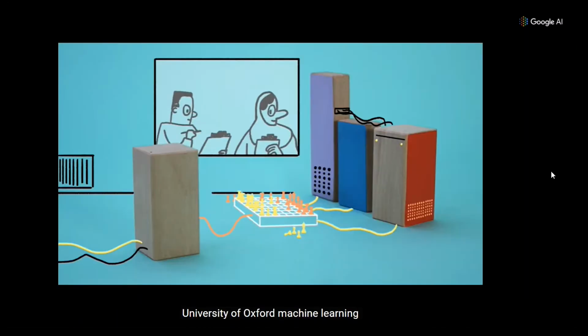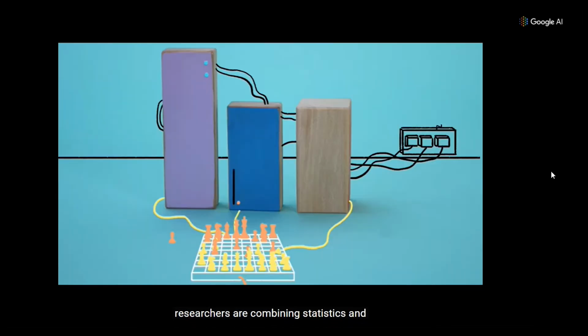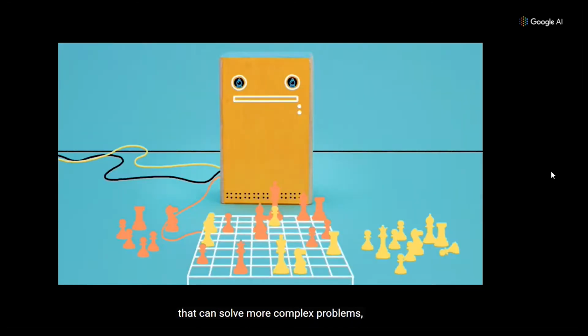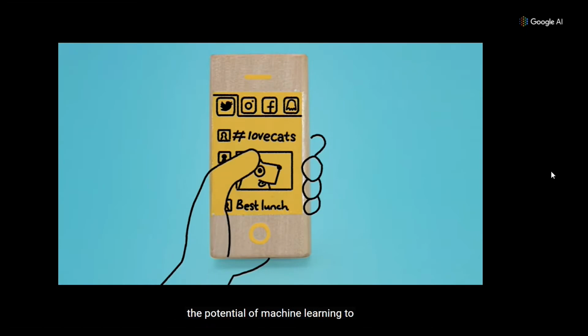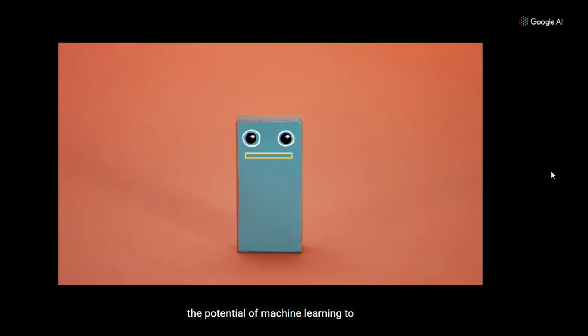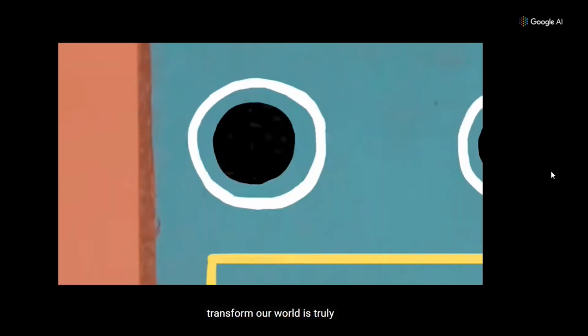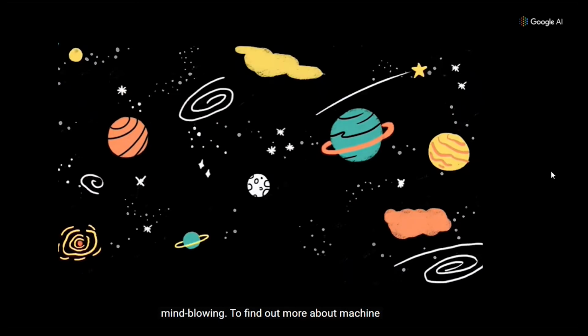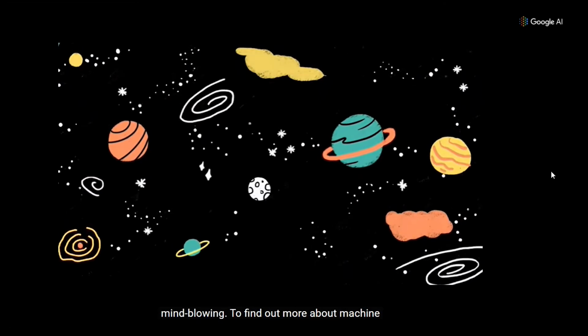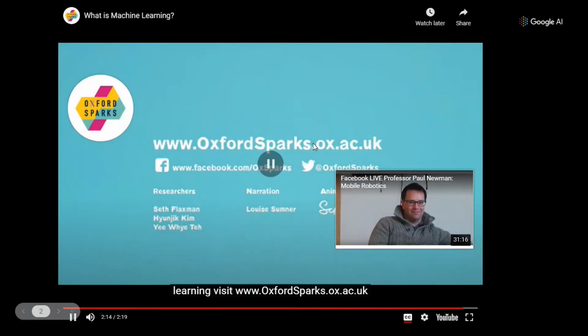At the University of Oxford, machine learning researchers are combining statistics and computer science to build algorithms that can solve more complex problems more efficiently, using less computing power. From medical diagnoses to social media, the potential of machine learning to transform our world is truly mind-blowing. To find out more about machine learning, visit Oxford.